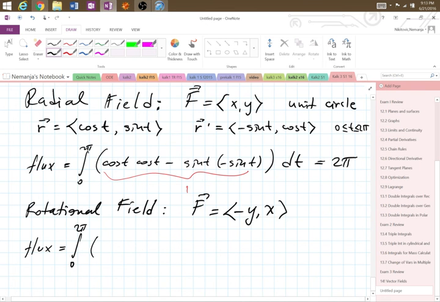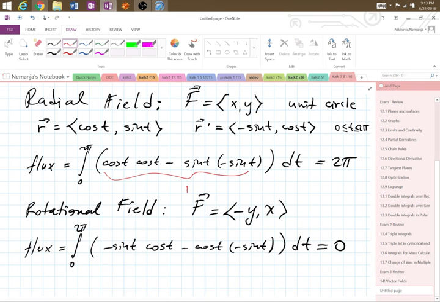And now you're going to have f, which is negative y, which is minus sine t, times cosine t, minus cosine t, minus sine t dt, and 0 because this part over here is 0.